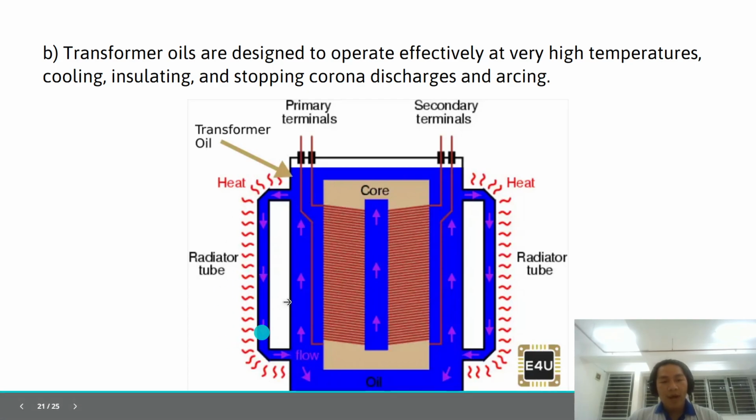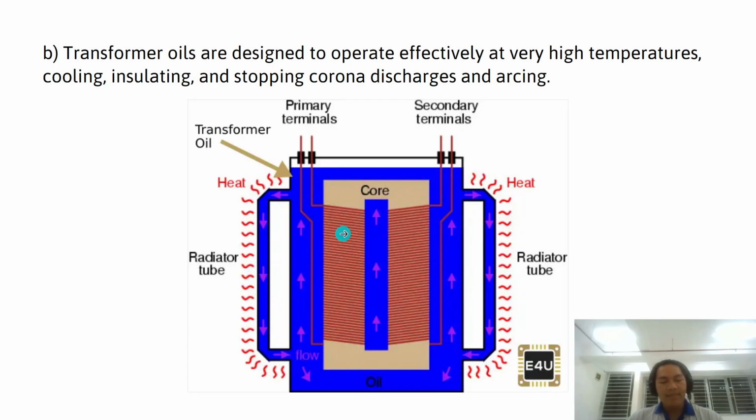These tubes right here increase the surface area for heat dissipation. The heat from the oil will transfer to the surrounding air through the radiator walls. Then as the oil loses heat, it cools down and becomes denser. Then it sinks to the bottom of the radiator tubes.